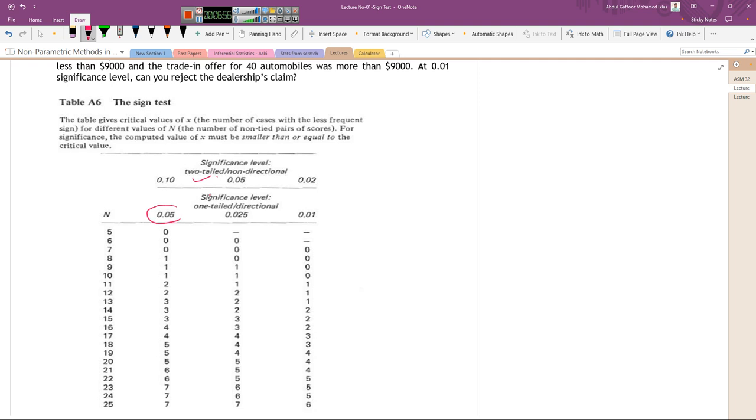And these are the alpha values. For example, if it is a two-tailed test and the significance level is 0.05, we will look under this column, and depending on the sample size, we will get the corresponding value. When we do questions, you can easily understand that.